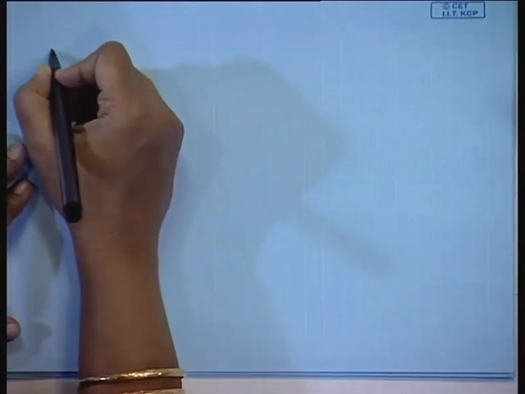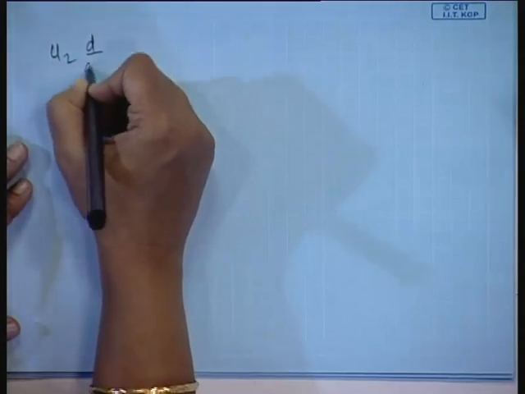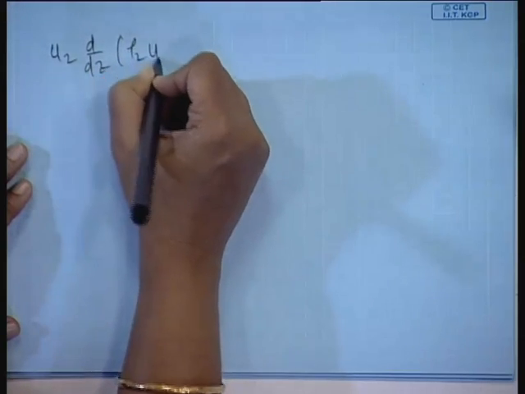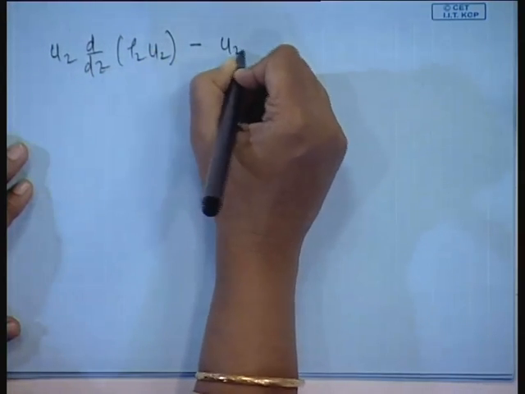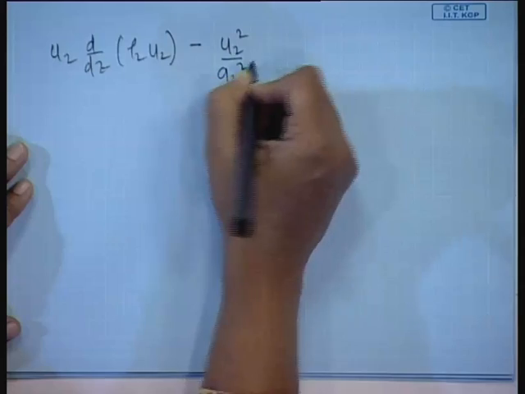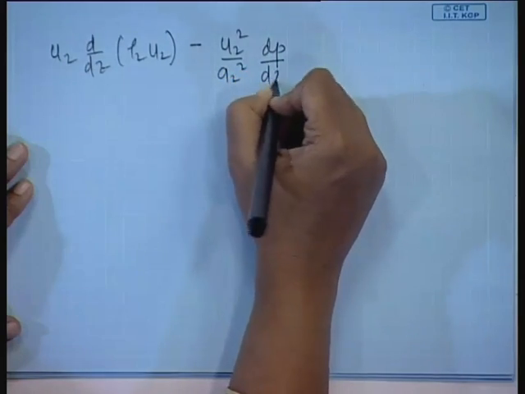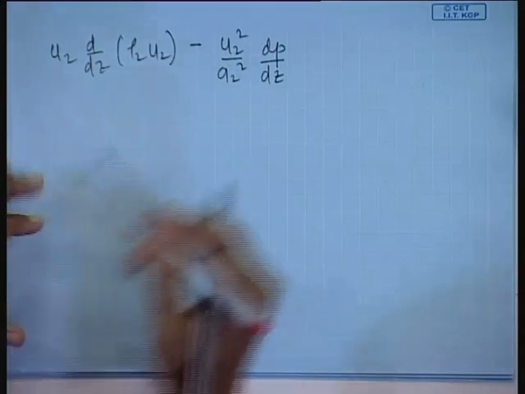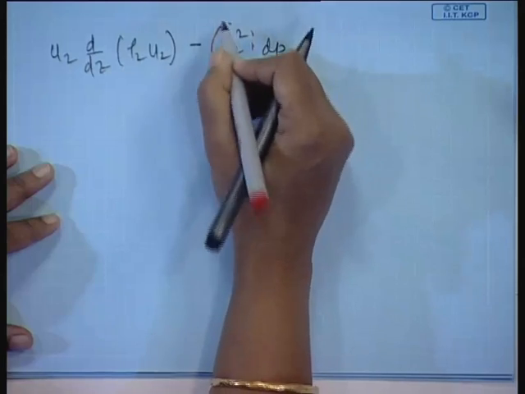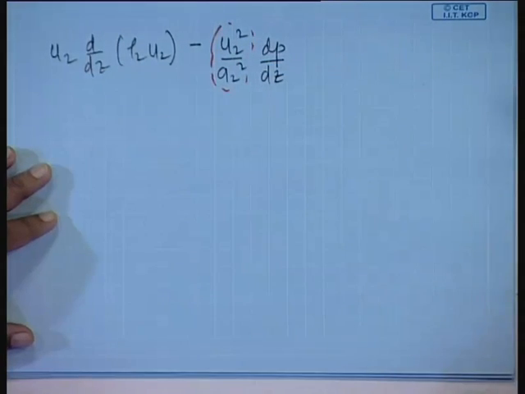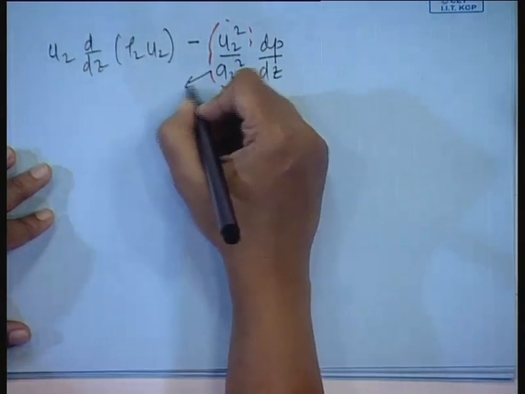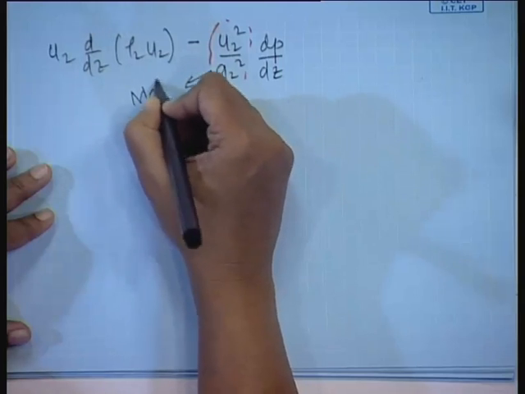I get u2 d dz of rho 2 u2 minus this u2 square by a2 square. This particular term is Ma2 square, Mach number of phase 2.